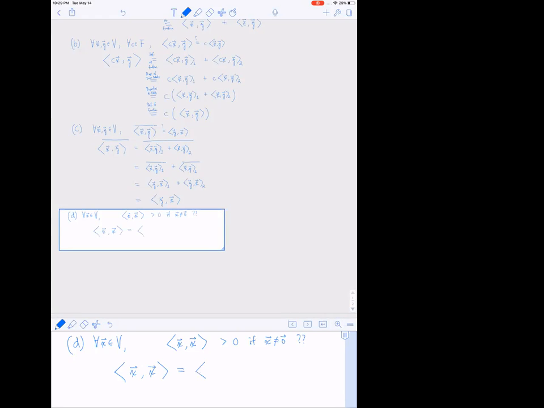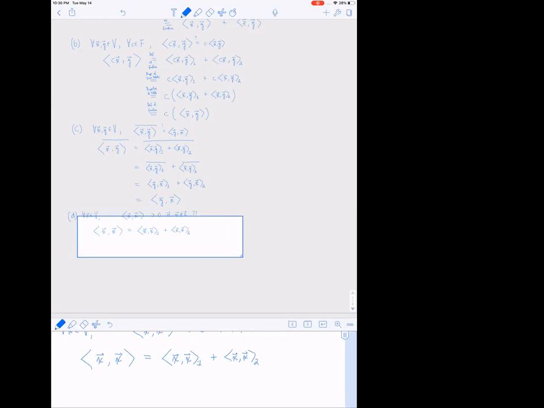Well, by definition of the function, this is putting x in both the slots for the first inner product, and then putting x in both of the slots for the second inner product. And now, by definition of an inner product, we know that this thing is greater than 0 if x is non-zero, and that thing is greater than 0 if x is non-zero, and the sum of two real numbers that are greater than 0 each is also greater than 0 if x is not the 0 vector.